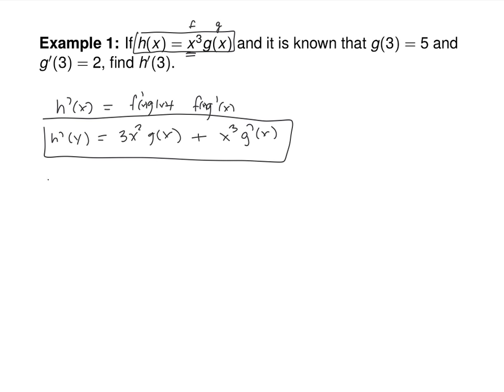Plug in 3, yep. So h prime of 3 will be 3 times 3 squared times g of 3 plus 3 cubed g prime of 3. So that's 27 times, what goes in there?